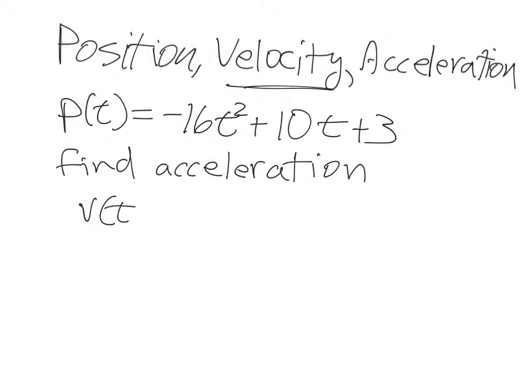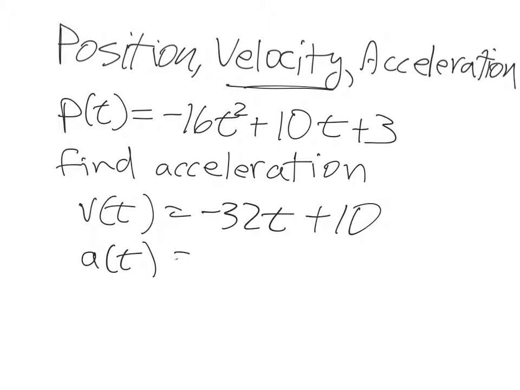So v, the derivative of p, is negative 32t plus 10. And then the acceleration is negative 32. Now, that's going to be the equation for the acceleration function, and it is constant, so at time 5 seconds, a of 5 is still going to be negative 32.